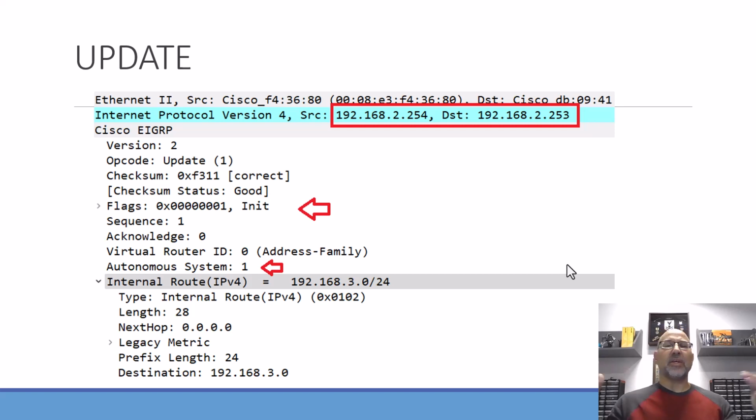So as I was bringing these up, I was futzing around with autonomous systems, and once everybody agrees on the autonomous system, meaning that they're all in the same autonomous system, because really that's what EIGRP is all about, then you see this flurry of activity, and then we can see that this is about the 3net here, and that it's an internal route. So that makes sense, part of the autonomous system, and then it's about the 3net. We've got sequencing starting to happen and an autonomous system value.